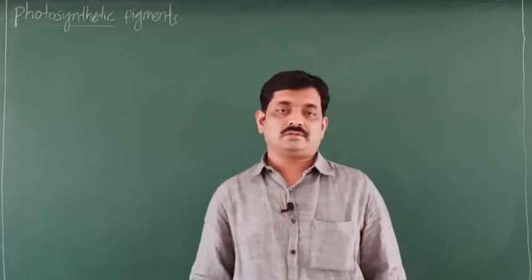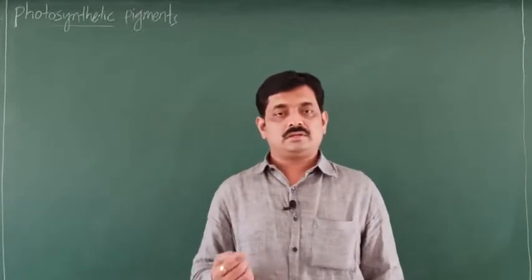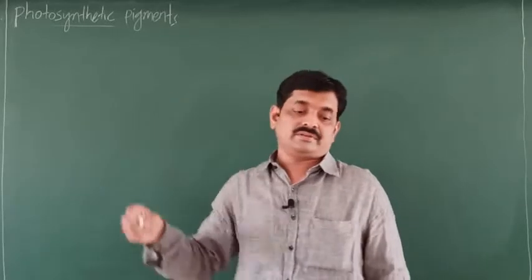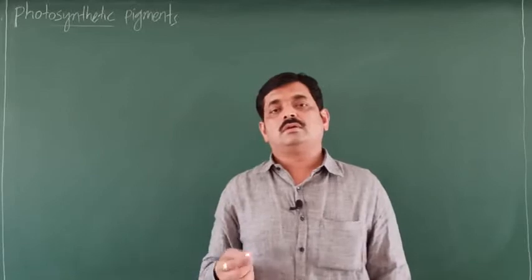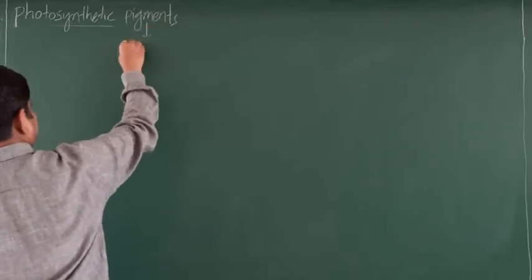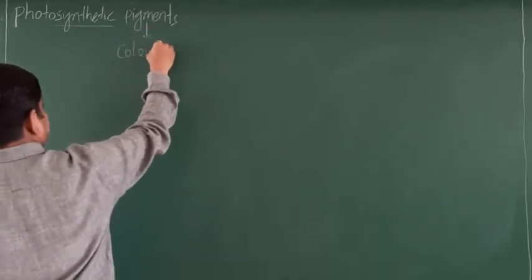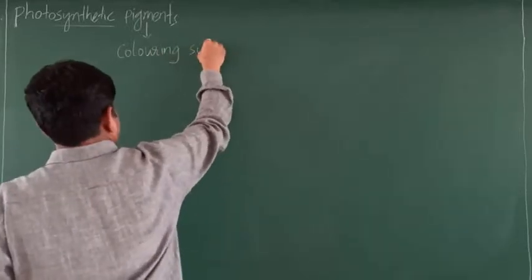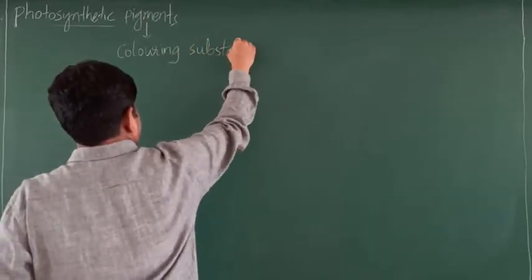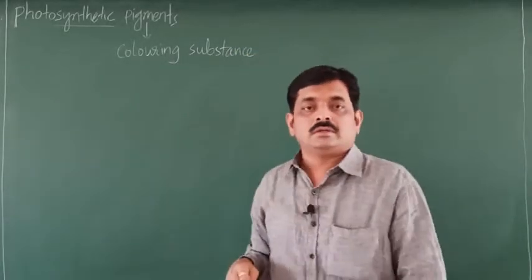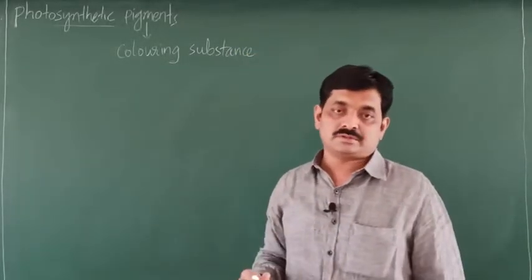Hello students. So the next part in photosynthesis is the photosynthetic pigments. So here, what is the pigment? Already we have discussed the meaning of pigment. So pigment is the coloring substance.